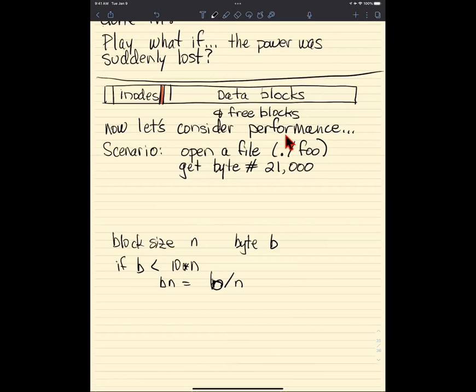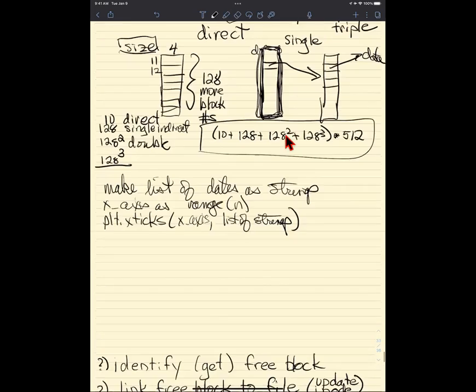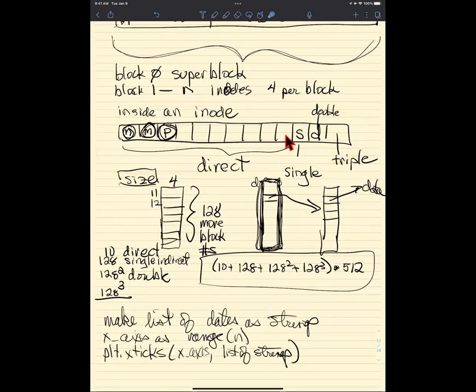Okay, I'm going to scroll up on my iPad a little bit. And there it is, right here. One, two, three, four, five, six, seven, 8, 9, 10 direct blocks.